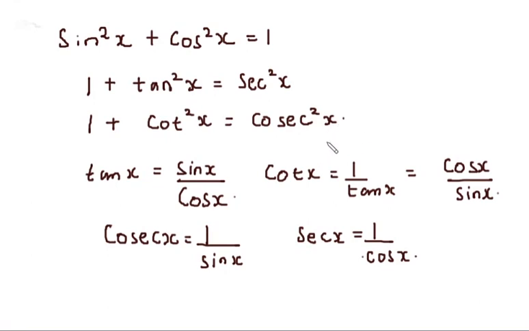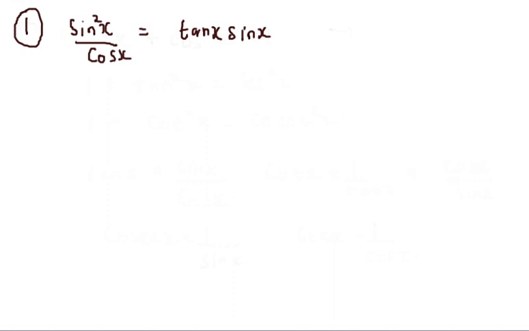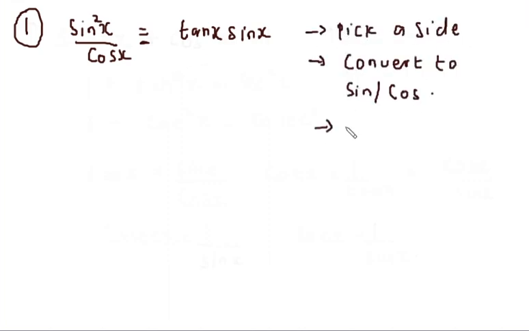So we have a trigonometric identity here. We are asked to verify that this part is equal to this part. I solve this kind of problem in the following steps.